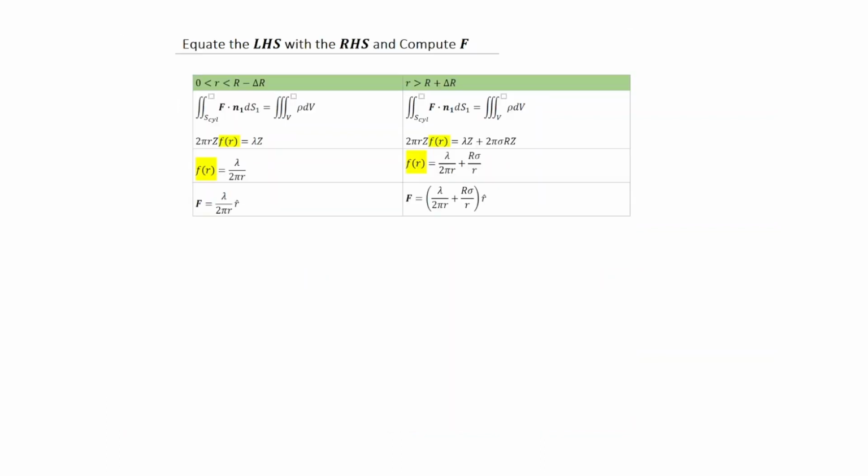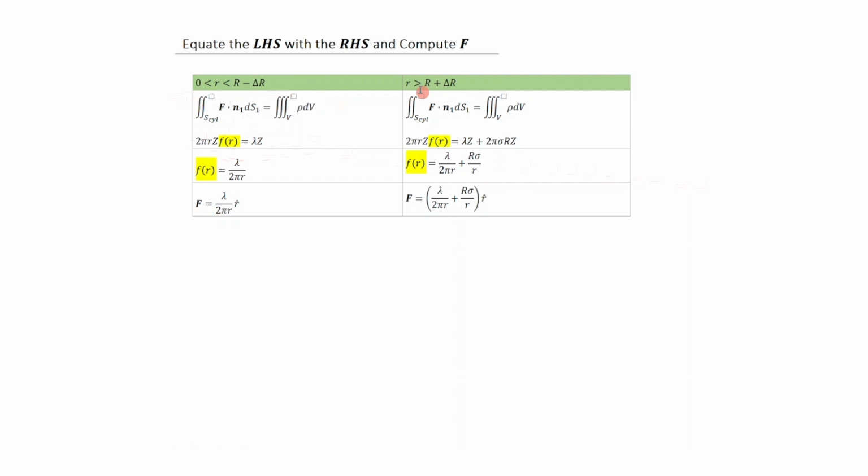So the next step is to make the substitutions and equate the left-hand side with the right-hand side and compute the field F. Here we have just taken from the previous slide the expressions for the case 0 less than r less than capital R minus delta R. We obtained this result, 2 pi r Z F of r, and on the right-hand side, we had lambda Z. So this corresponds to this side.